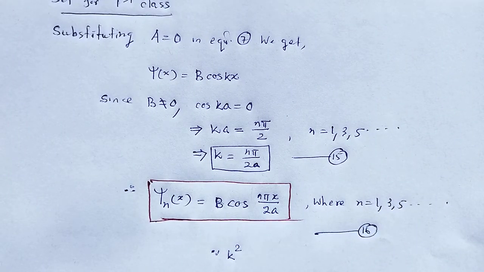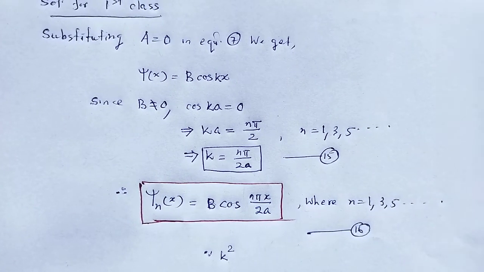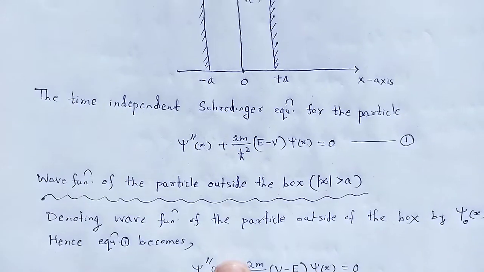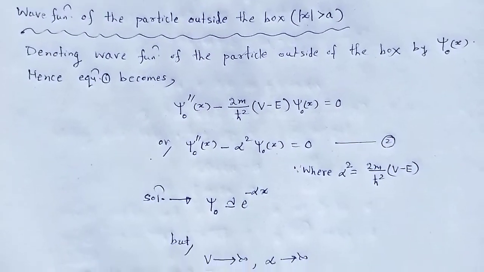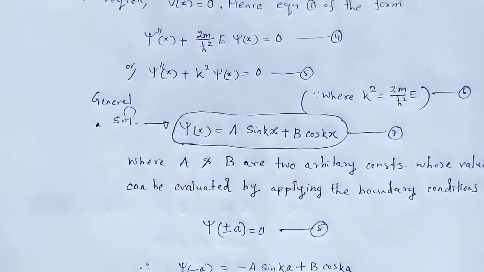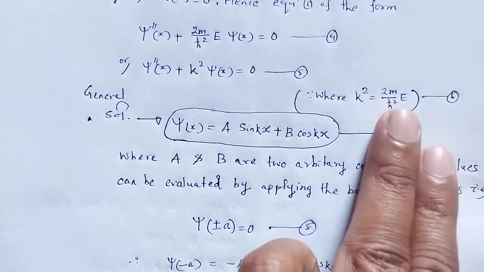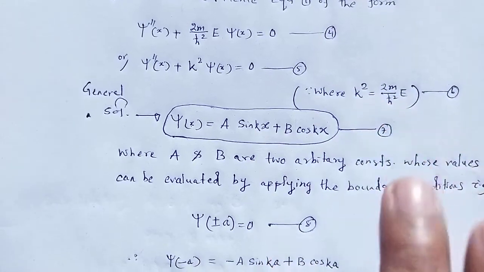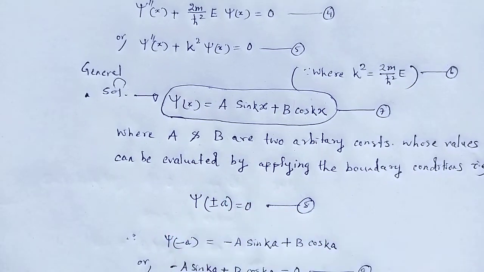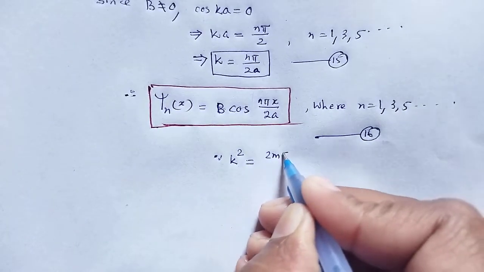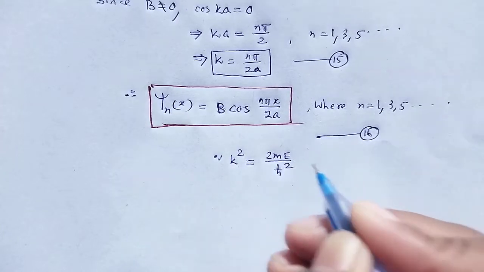From the first equation, look here, we take the value of k square as equal to 2m by h cross square. Therefore, we use that relation, k square is equal to 2mE by h cross square.